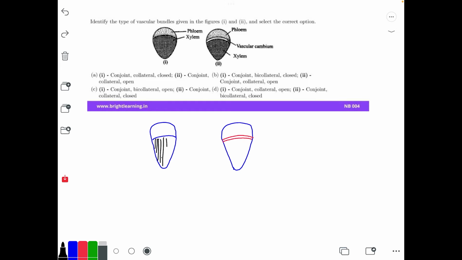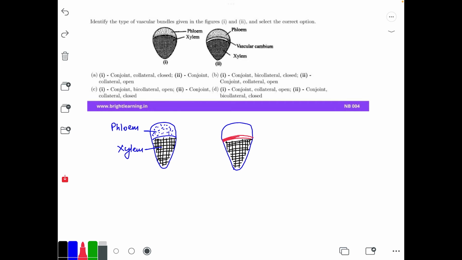What we need to see is that the first important thing to note is that the vascular bundles are presented in two ways. One is this way, and the other has a layer present like this, and we can just draw it again to make you understand.